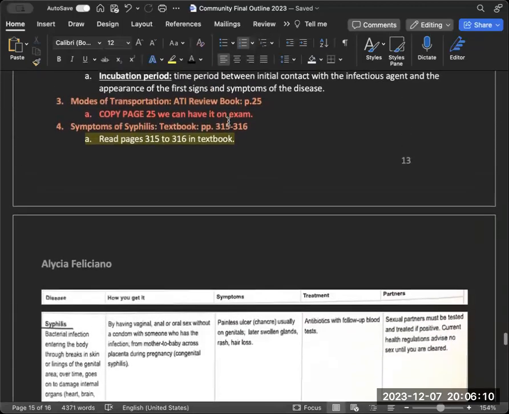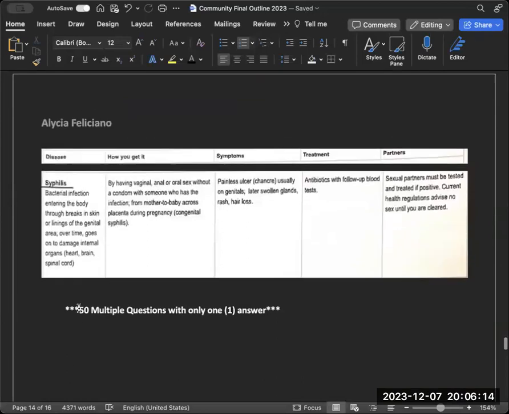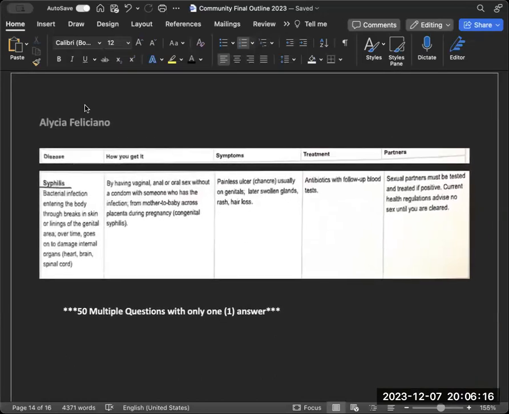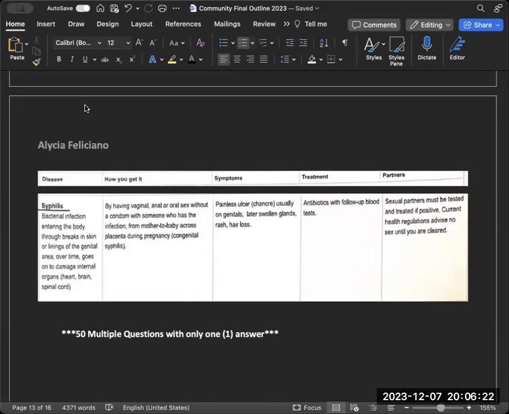But just so we can get an idea, I'm going to read this little chart. Syphilis, according to this STD and STI chart, is a bacterial infection entering the body through breaks in the skin or lining of the genital area. Over time it goes on to damage internal organs like the heart, brain, and spinal cord.